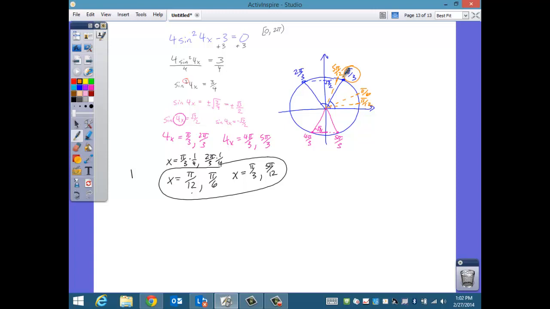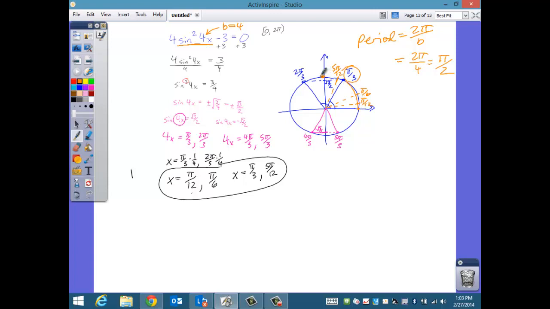Now think about what we're dealing with here. We've got sine squared of 4x. In other words, our b value is 4. So the period of this is equal to 2 pi divided by b, which in this case means the period is just pi over 2, which is just from here to here. So going from here to here, we've picked up 4 solutions, but we've only done 1 period.